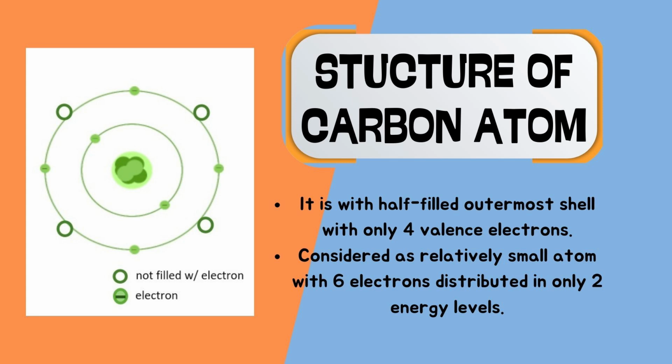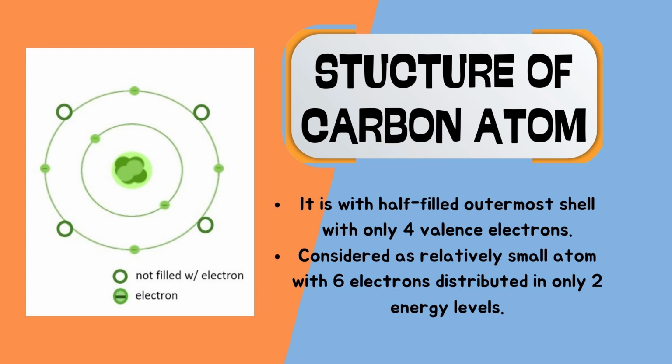Let's take a look at the structure of this carbon atom. Take a little observation about this one. It is said that it has a half-filled outermost shell with 4 valence electrons. Also, it is considered a relatively small atom with 6 electrons distributed in only 2 energy levels.